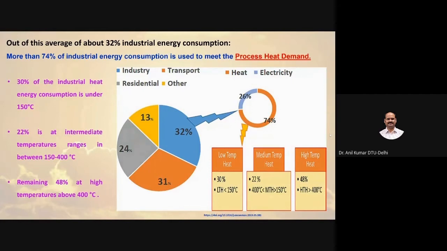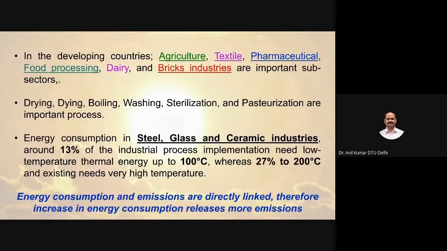Low temperature is up to 150 degrees centigrade, medium temperature is 150 to 400 degrees centigrade, and high temperature process heat application is more than 400 degrees centigrade. Sometimes we think solar energy is not applicable for industrial purposes, but we can easily achieve 150 up to 400 degrees with solar thermal energy conversion devices.